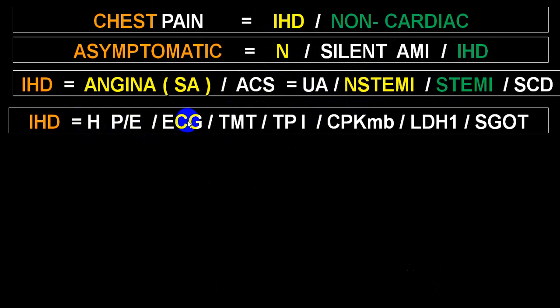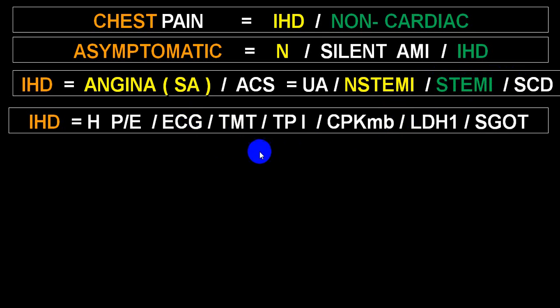In unstable angina, you will have an ST depression with or without T wave inversion. In non-STEMI also you will have an ST depression with or without T wave inversion. And in STEMI you will have an ST elevation, initially a tall T wave followed by an ST elevation with or without T wave changes. And sudden cardiac death, as such, will be difficult.